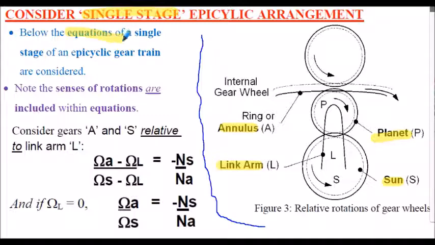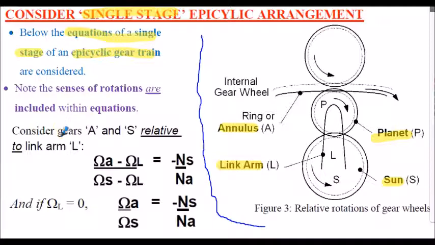So equations of a single stage epicyclic gear train are shown below. Now, within this work, I am going to put the signs in. In all the previous work, when we were asked to find the direction of the output shaft compared to the input shaft, we just used velocity arrows, because it's very straightforward with our simple and compound gear trains. Now it's not so simple with the epicyclic gear train, so I'm actually going to include the directions of the gears within the analysis.